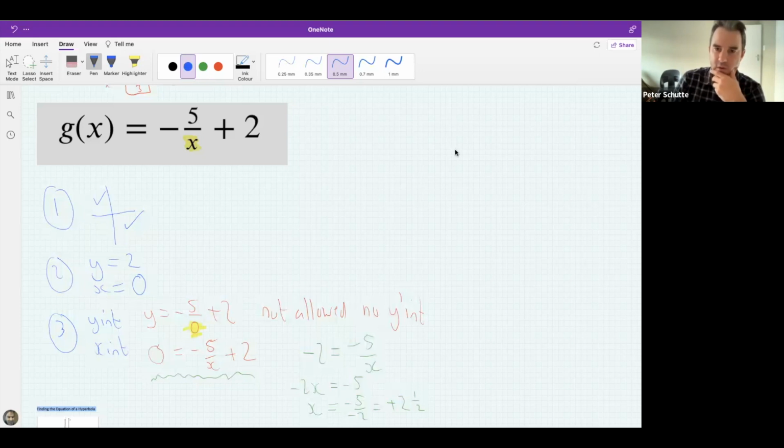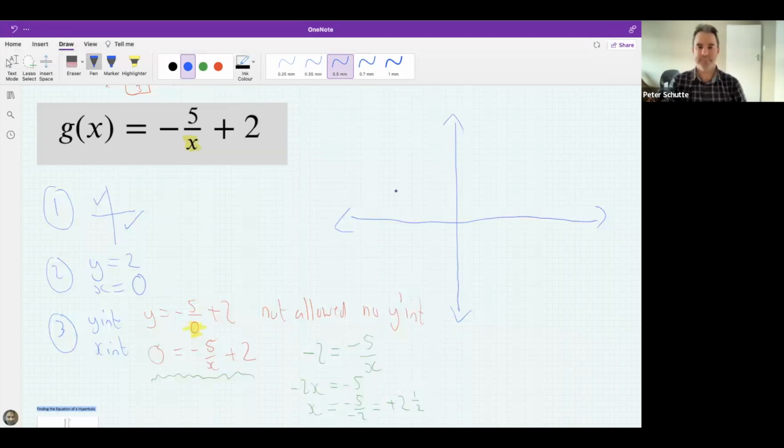So now it's time to draw this. And I will give you some more time for that. What do you think my hyperbola is going to look like? What the hyperbola G is going to look like?